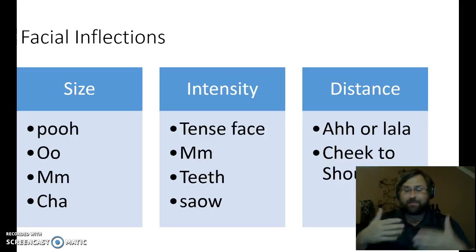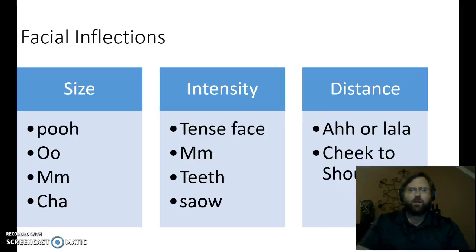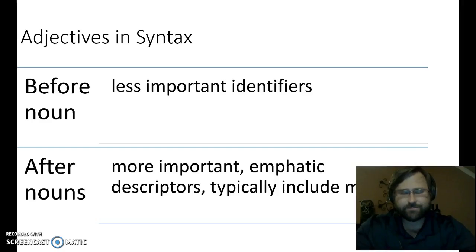Or this can be in space, like very near, or it can be in time, very recently, or if you wanted to say something was very soon. These facial expressions, again, only get you started. They're not an exhaustive list of all the possible facial inflections that can modify the meaning of adjectives.